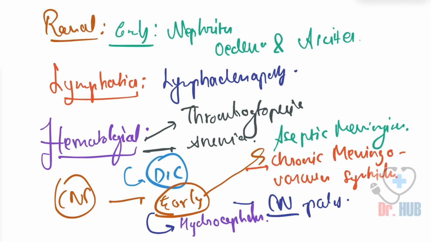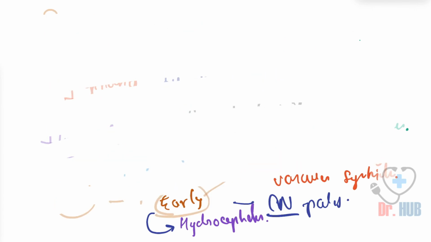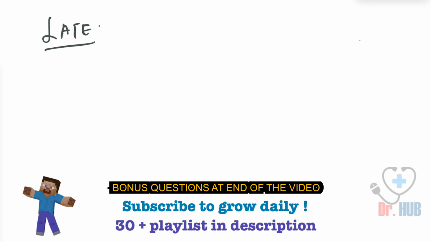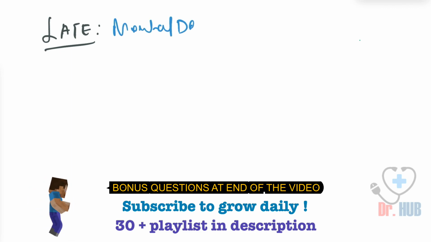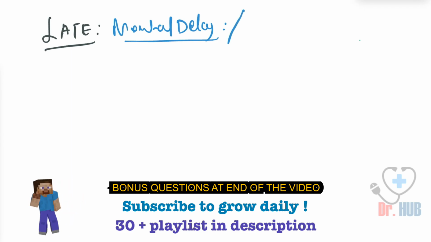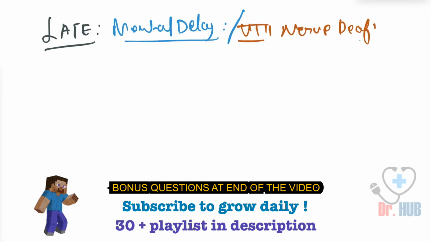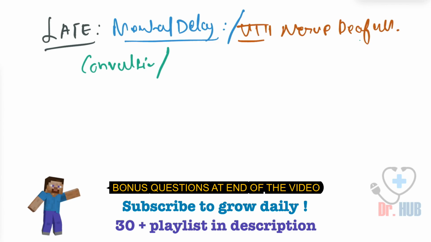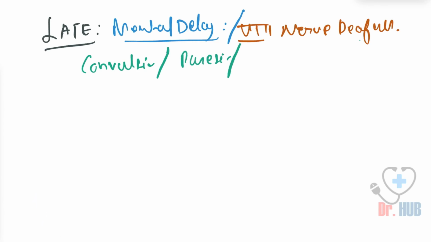Now we'll be moving to the late features. In terms of the late features, this includes mental delay, and there is the eighth nerve deafness. There are convulsive disorders. There is paresis, as well as tabes dorsalis.